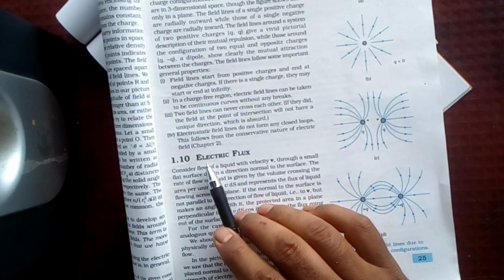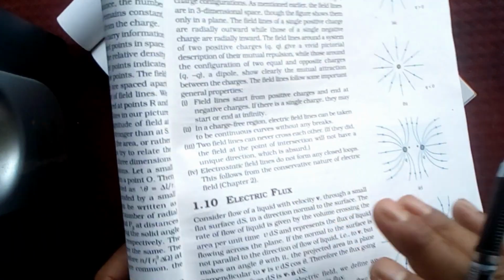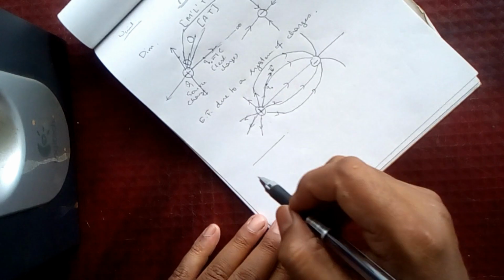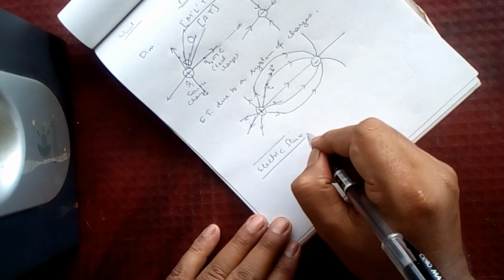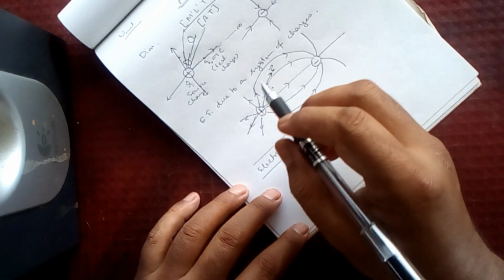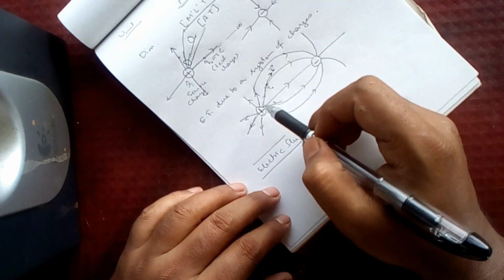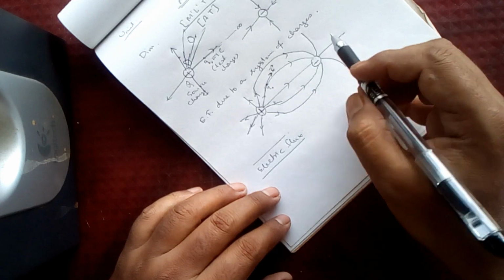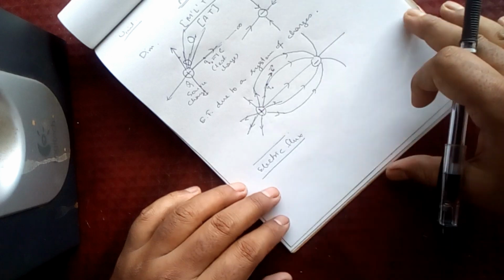The next topic that we want to discuss is electric flux. Oh, one more thing. These field lines are an imaginary concept. These are imaginary lines along which a test charge may move if it is free to do so.